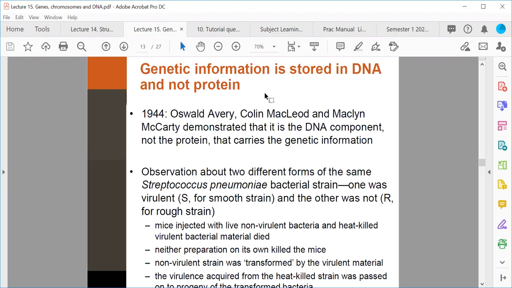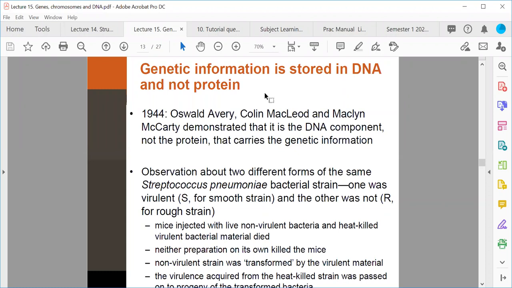And you have to imagine that at the time they knew about the structure of DNA. They'd identified the nucleotides, the chemical composition of the nucleotides. They knew that DNA was associated with proteins. What they didn't know was which one of those molecules actually carried the genetic information.